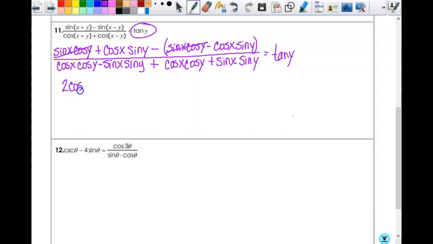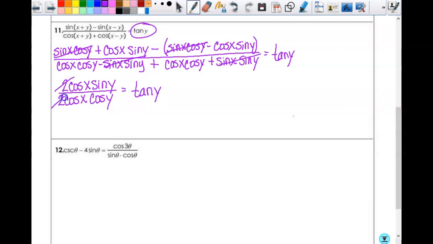Then I have cosine x sine y minus a negative cosine x sine y, which actually becomes plus a positive, so this is 2 cosine x sine y in the numerator over, so I have cosine x cosine y plus cosine x cosine y. So it's going to be 2 cosine x cosine y, and then negative sine x sine y plus sine x sine y, so those two cancel each other out, and that has to equal tangent y.